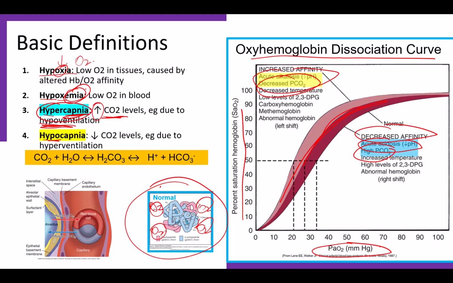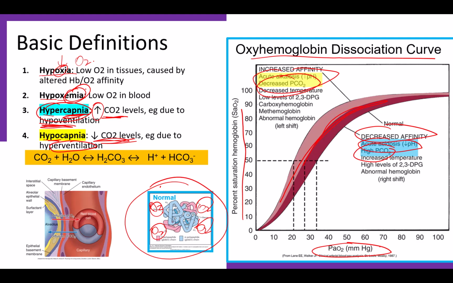Similarly, when we hyperventilate, when we breathe more rapidly than normal, we exhale more carbon dioxide than normal. And so the levels of carbon dioxide in the system drop. So you end up with hypocapnia.